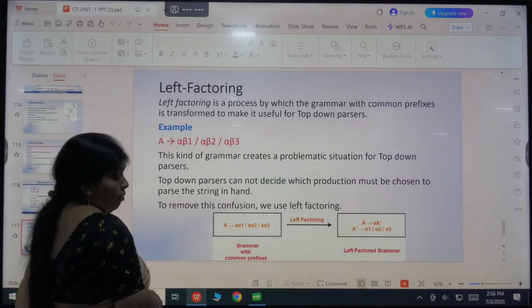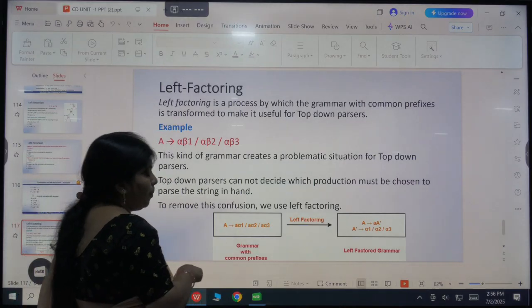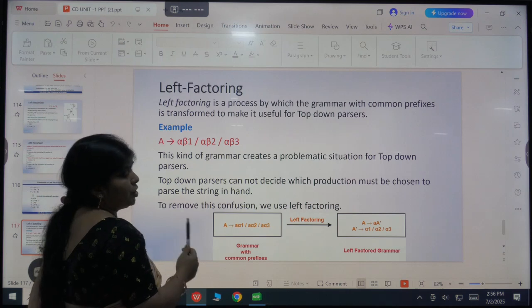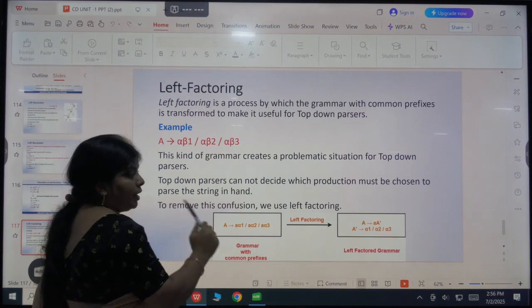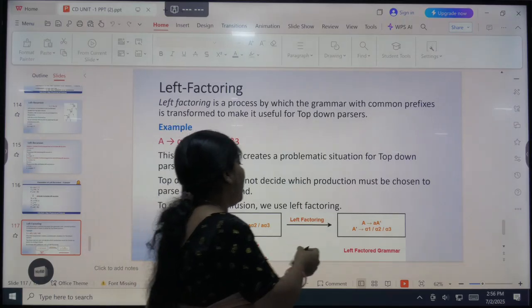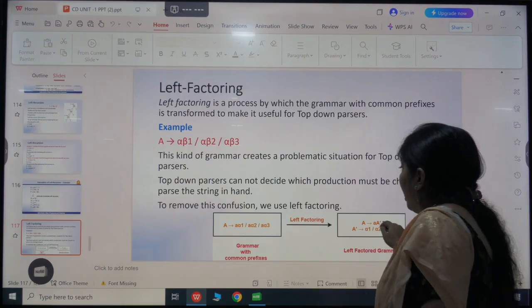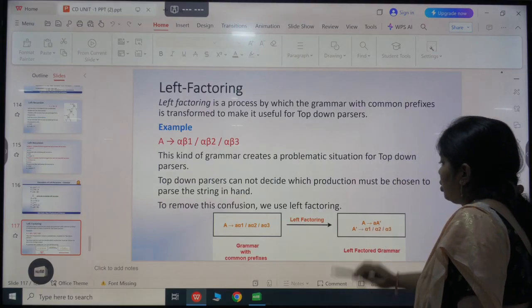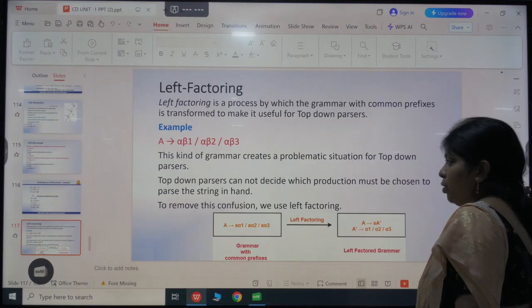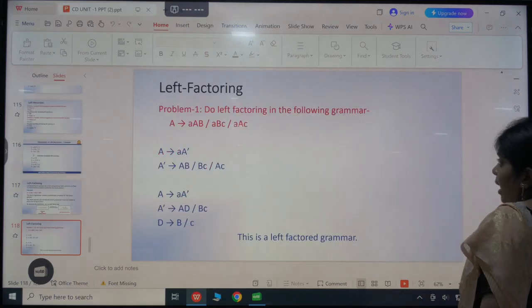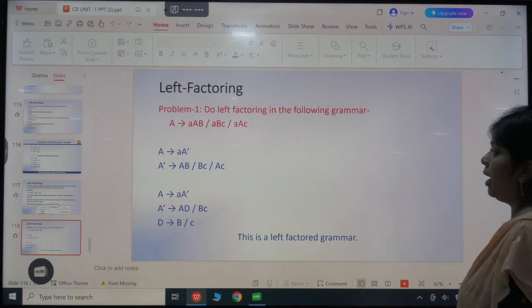As previously discussed in the left recursion technique, in the same way, without affecting the meaning, we rewrite this production as A tends to alpha A dash, and A dash tends to beta 1 or beta 2 or beta 3. So we'll consider one example here.